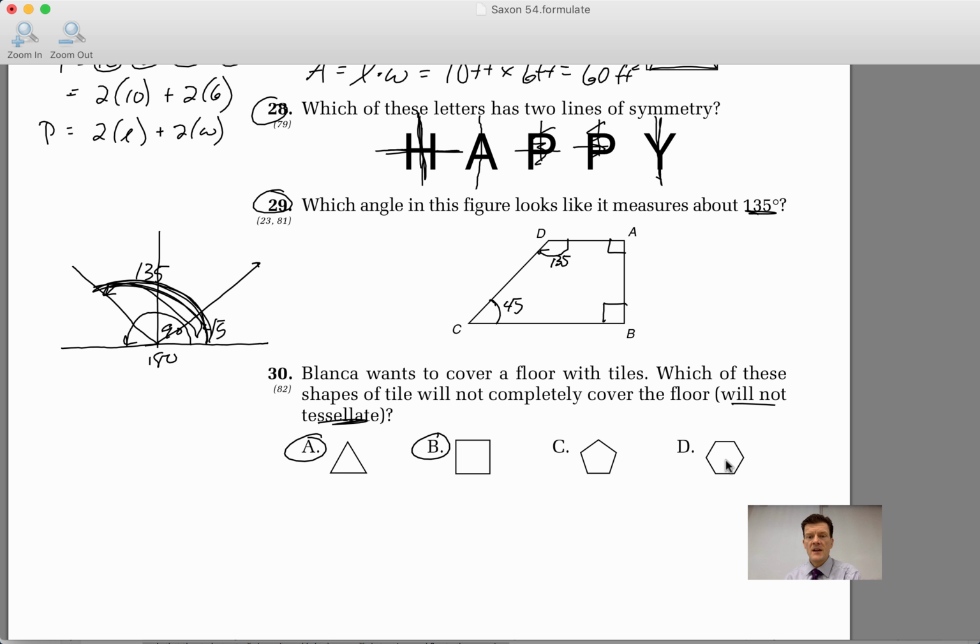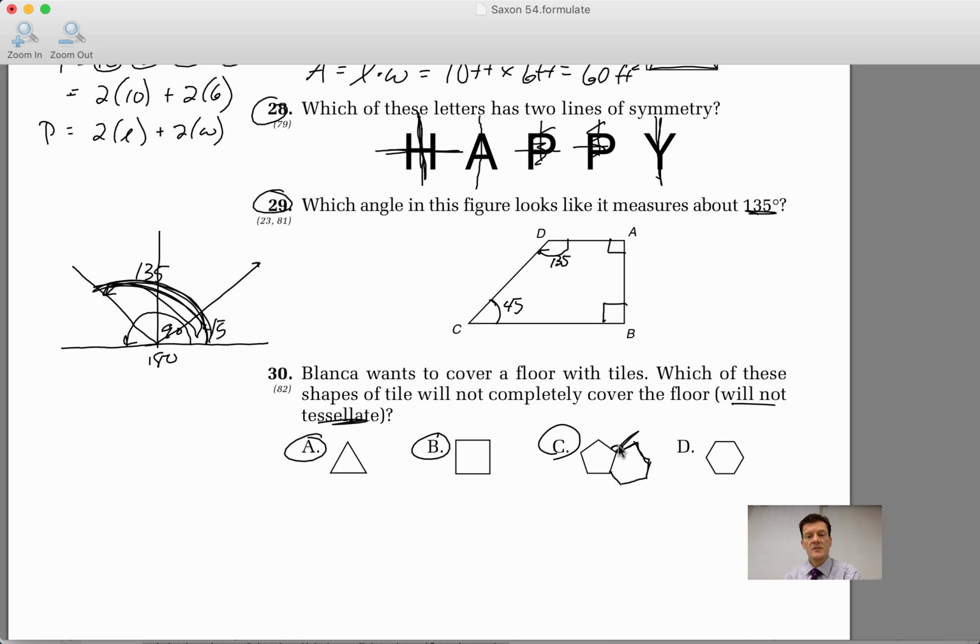There are some that are not going to, because when they fit together, there's going to be a space. I believe the one that did not was your pentagon. So if you think about this, if you draw another pentagon here, and then try to fit one in here, you're not going to fill in that space with another pentagon.